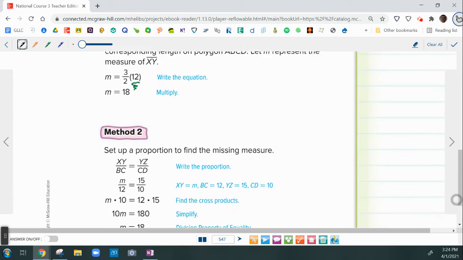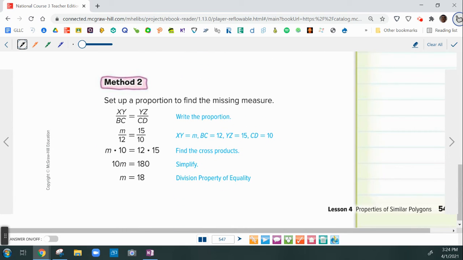The other way to do it, and I think this is more consistently right, people use this, in my years of teaching, people use this a little bit more accurately. All right, but you do have to know how to solve proportions. All we have to do is set up a proportion.